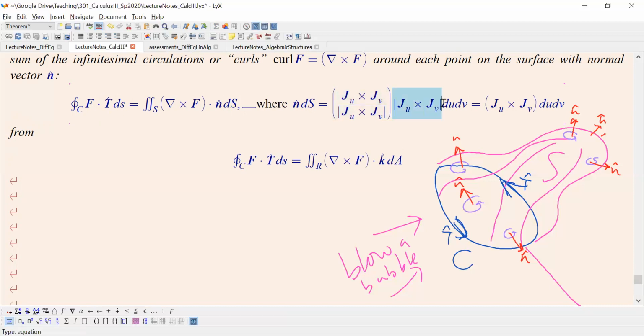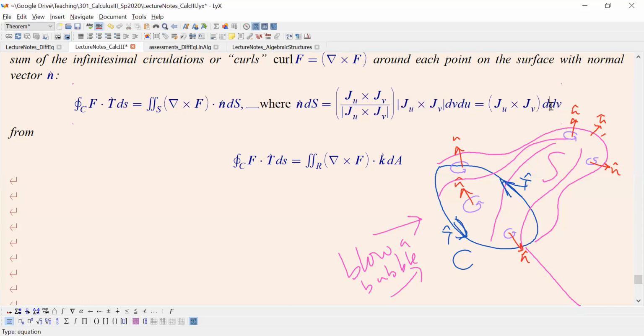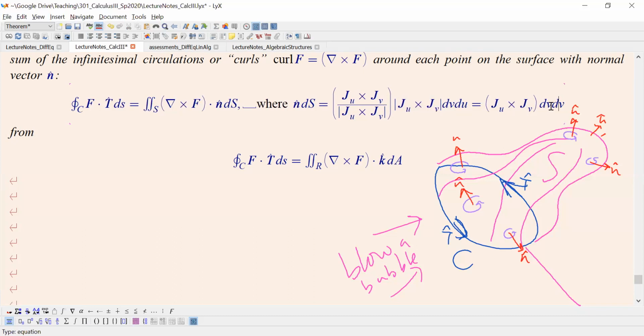You can kind of think of it like a Jacobian, but it's actually the magnitude of the cross product of two columns of the Jacobian matrix. So it's not quite the determinant because we're working in 2 dimensions instead of 3 dimensions, times du dv, or rather dv du is a standard form. Writing it either way is fine. Either orientation is fine.